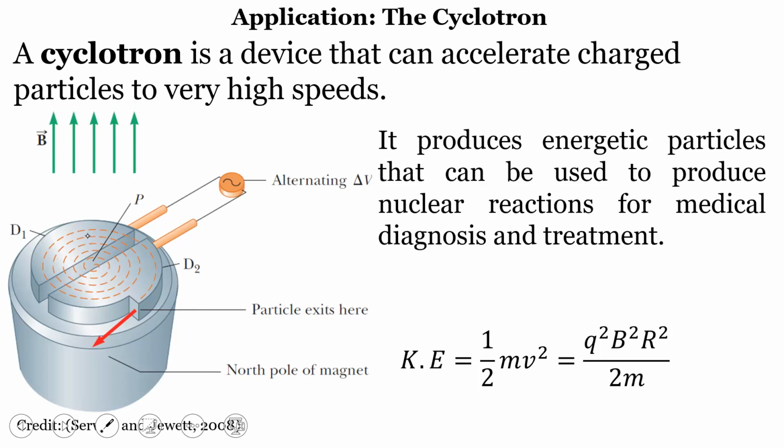When we are talking about leaving with high velocity, we should talk about the kinetic energy, which has always been defined as half mv squared, where m is the mass of the charged particle and v is the velocity.